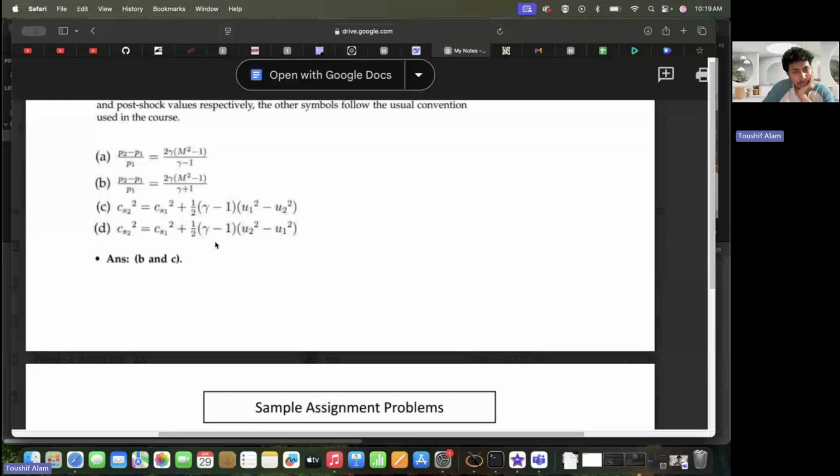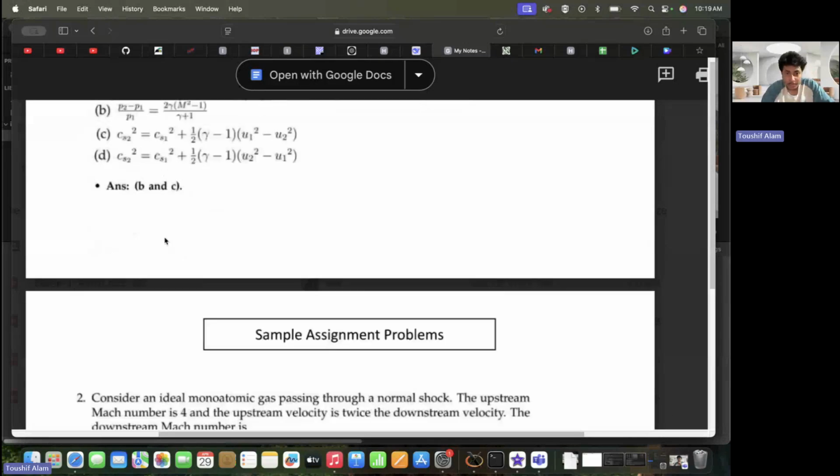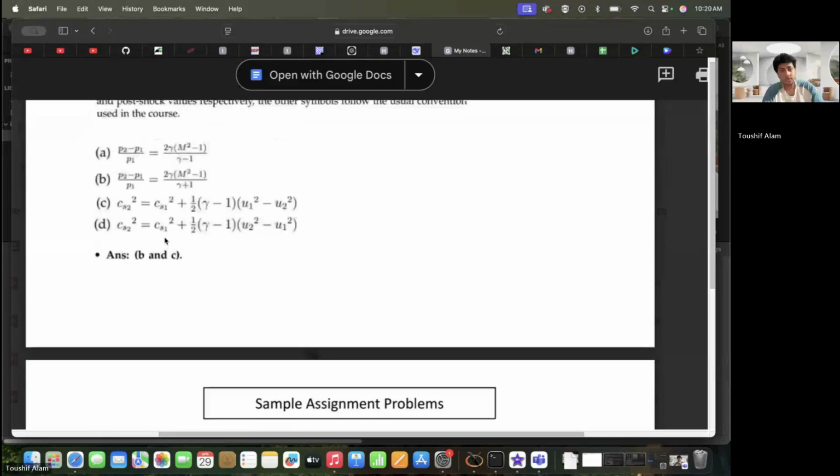If you divide by u2 squared, it will be M2 squared, and this will be u2 squared. U2 squared is basically a half, right?